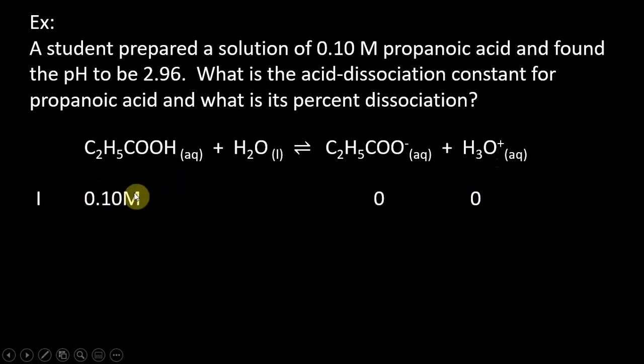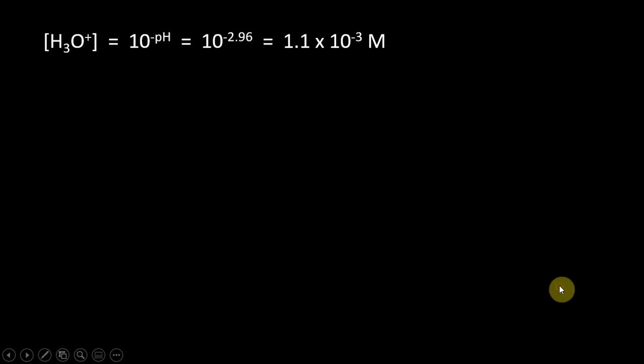So we get a 0.10 molar concentration of the acid, 0 of the ions. The change to reach equilibrium, this has to come down by some value x. These go up by some value x. And the equilibrium values will be 0.1 minus x, x, and x.